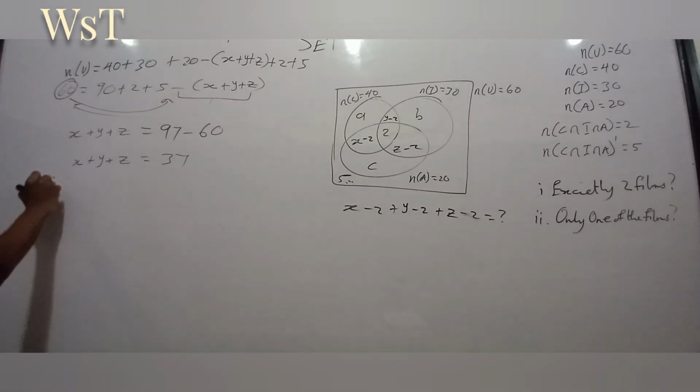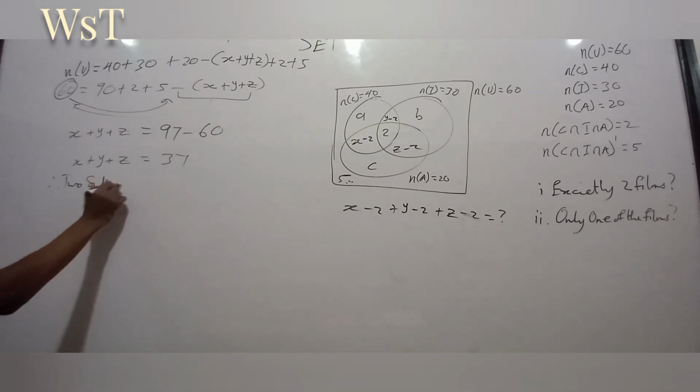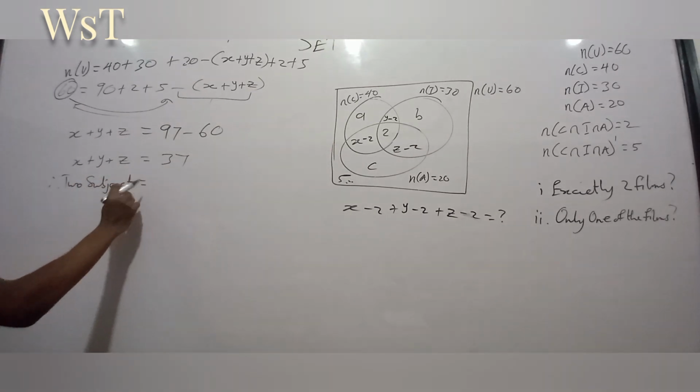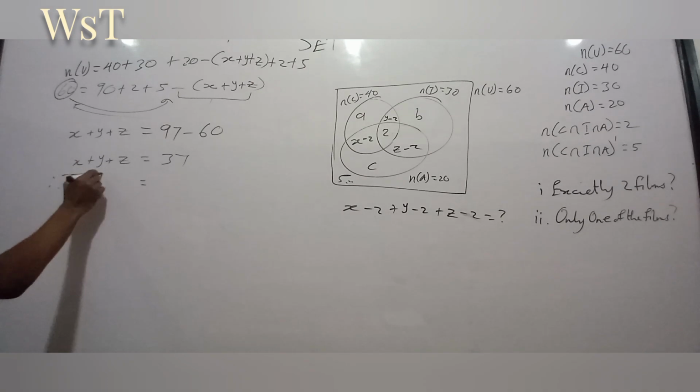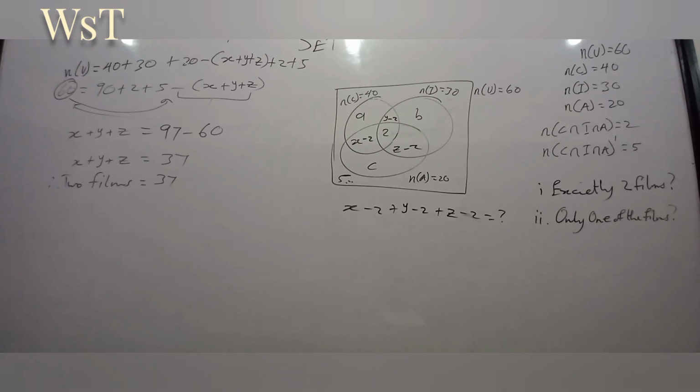So therefore, 2 films is equal to 37. All right. Good. But we want only 2 films. And I told you that to get only 2 films, you have to subtract the 3 films from each of the films.